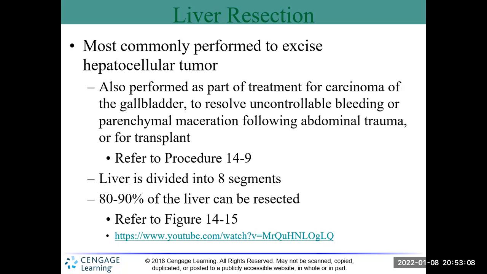And also, if there's uncontrollable bleeding, or maceration of the parenchymal tissue after any kind of abdominal trauma, that can be resolved with a resection, and also a transplant, of course.